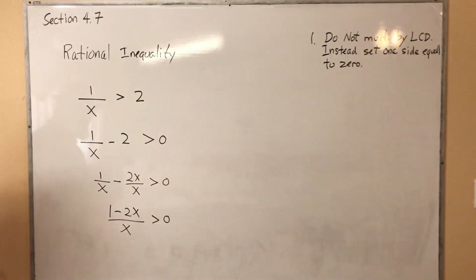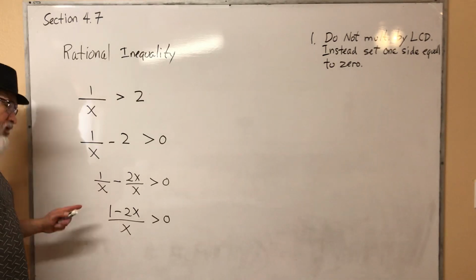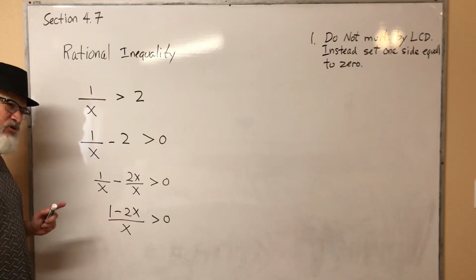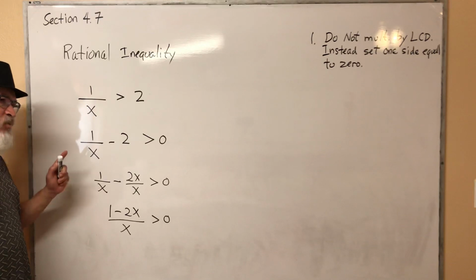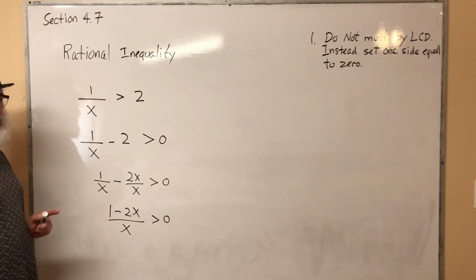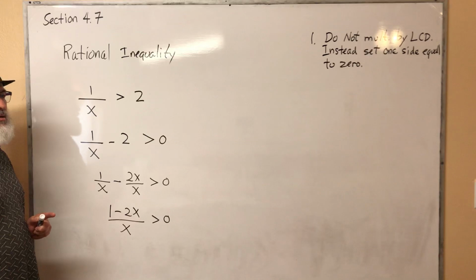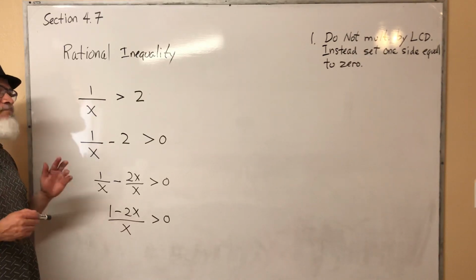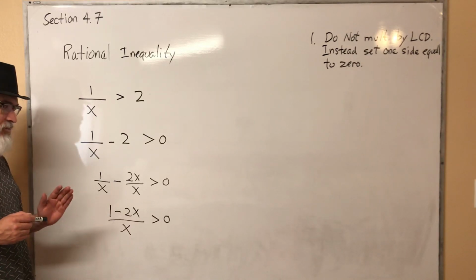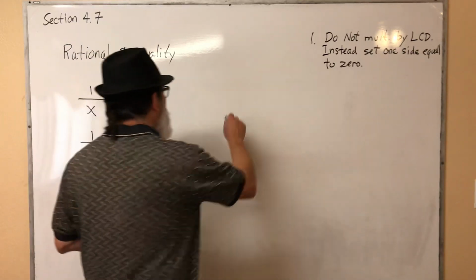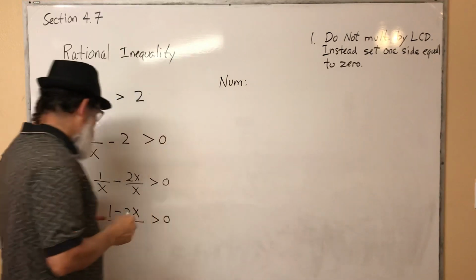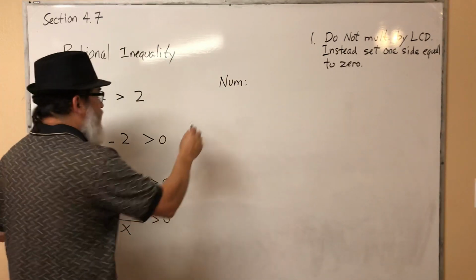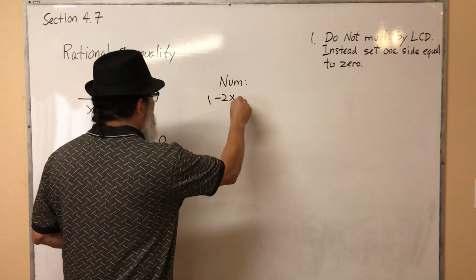Now what we're going to do is find out what makes the numerator 0 and what makes the denominator 0. Set the numerator equal to 0: 1 minus 2x equals 0.